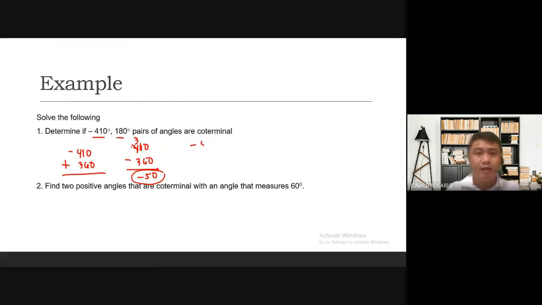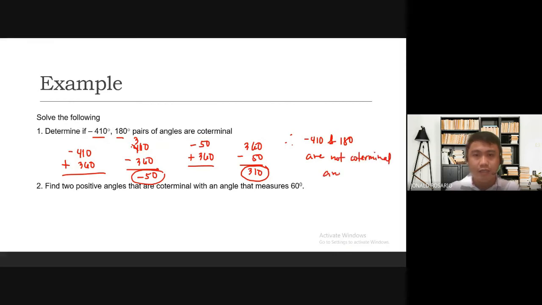So pwede nyo pang dagdagan ng 360. So, ganun din. Parang ima-minus lang din natin yan. So, you have 310. Hindi sila parehas. Hindi sila coterminal angles. So, therefore, negative 410 and 180 are not coterminal.